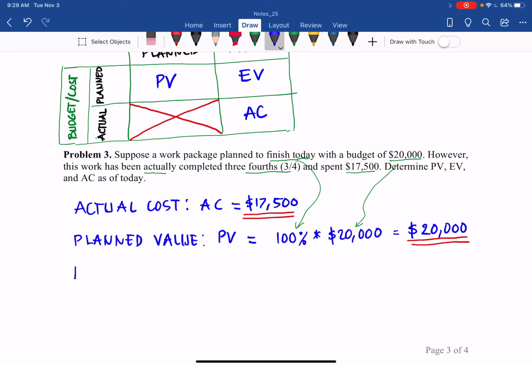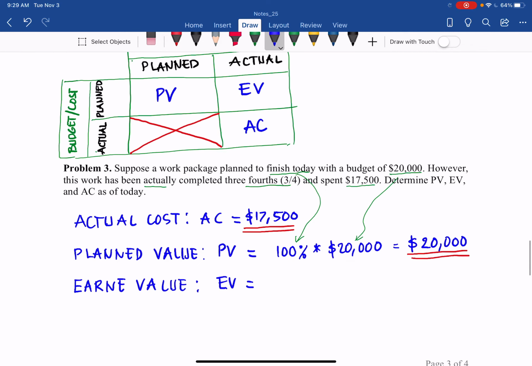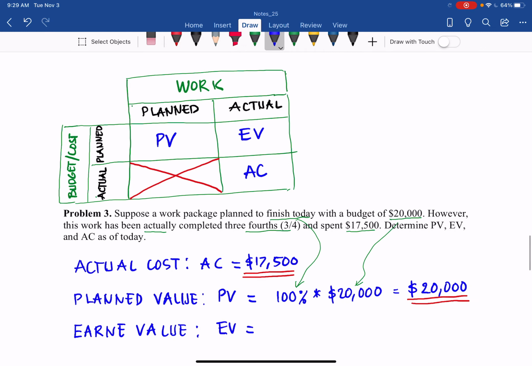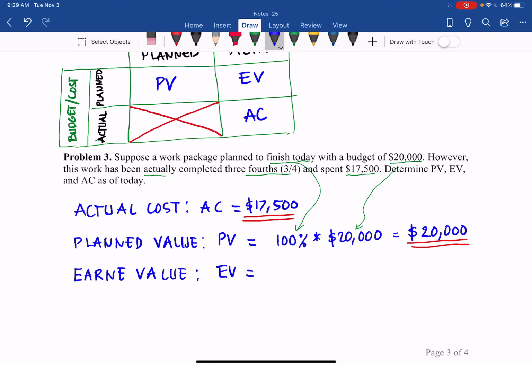Now check yourself with your number for earned value, EV. It equals the actual work times the planned budget. The actual work: this work has actually been completed 3/4.